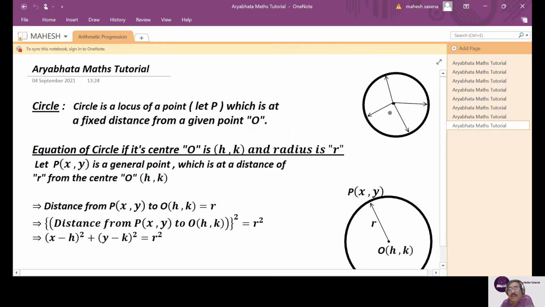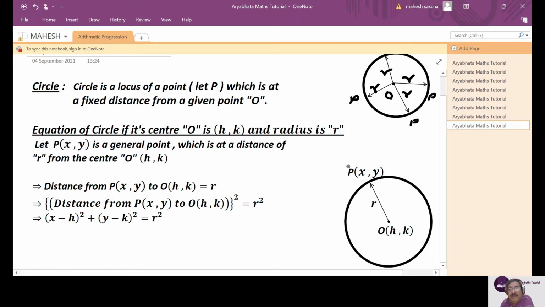Let O be a given point, then the locus of a variable point P, which is always at a fixed distance from O, say that is r, is called a circle with center O and the radius r.